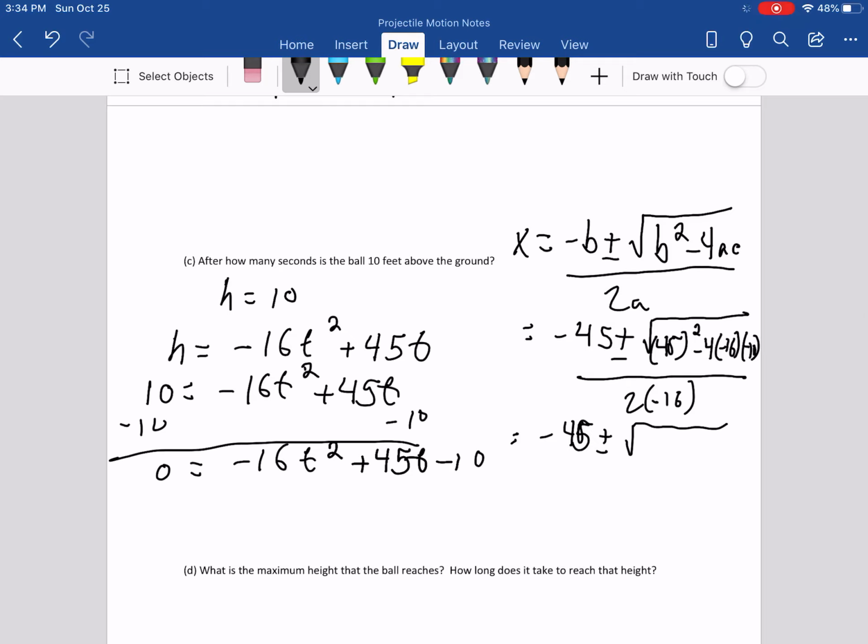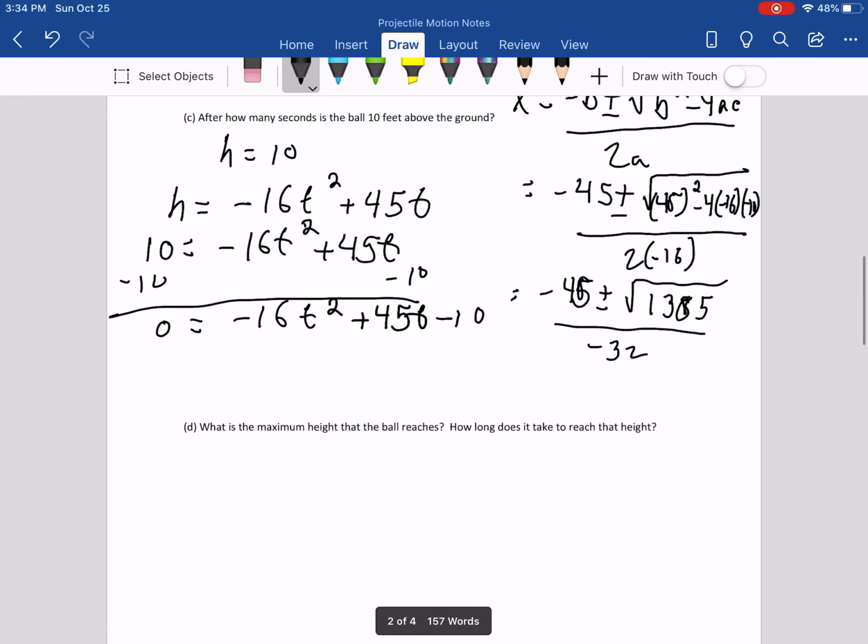45 squared minus 4 times negative 16 times negative 10. So that's square root of 1385 over negative 32.